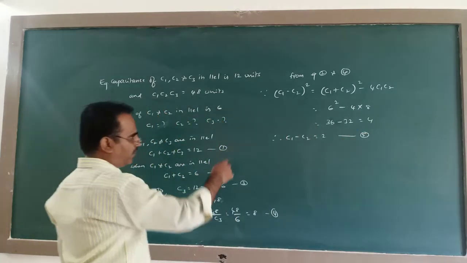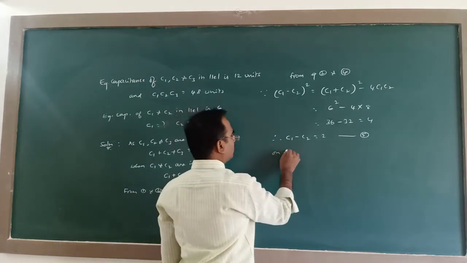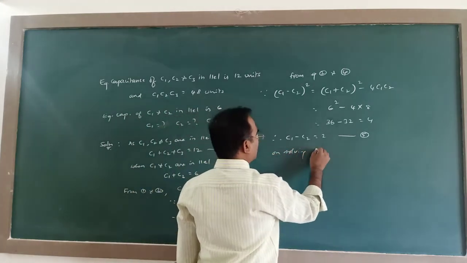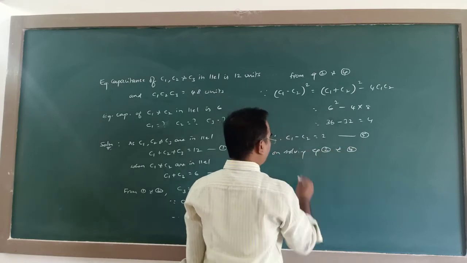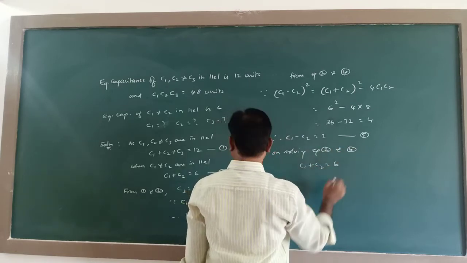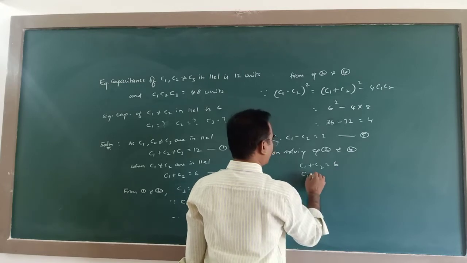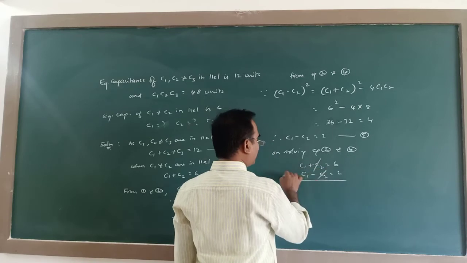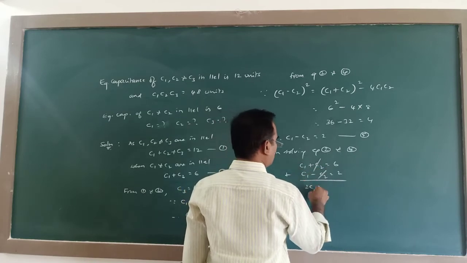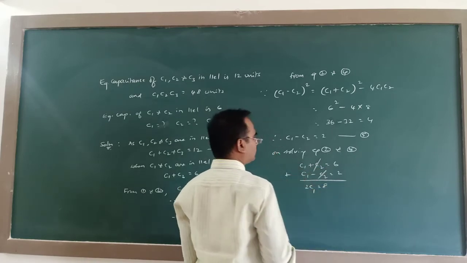Now you solve 2 and 5. On solving equation 2 and 5, C1 plus C2 is equal to 6, C1 minus C2 is equal to 2. So if you add these two equations, 2C1 is equal to 8.